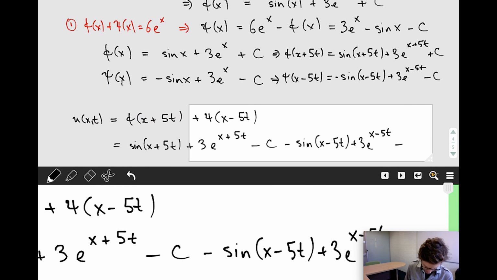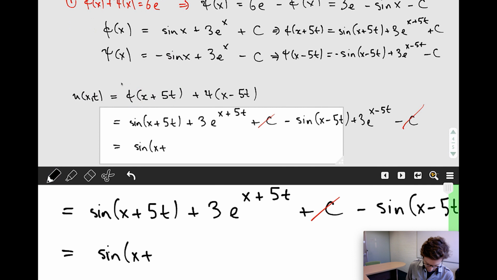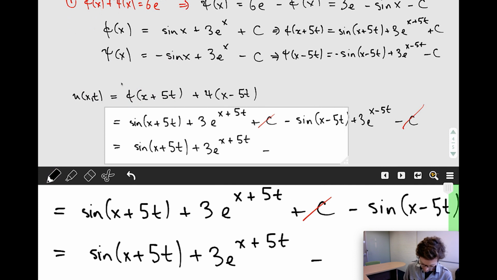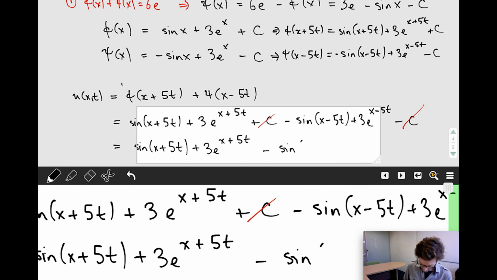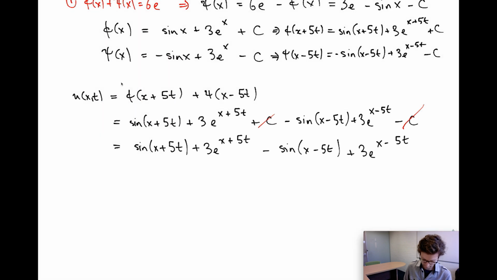Sorry, that was a plus c, that's a minus c. So we see that the c's cancel, leaving me with the solution sine of x plus 5t plus 3e to the x plus 5t minus sine of x minus 5t plus 3e to the x minus 5t.